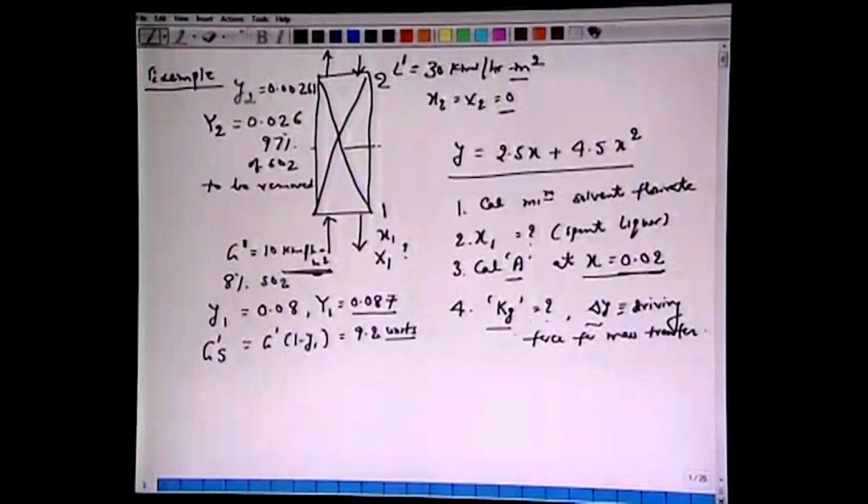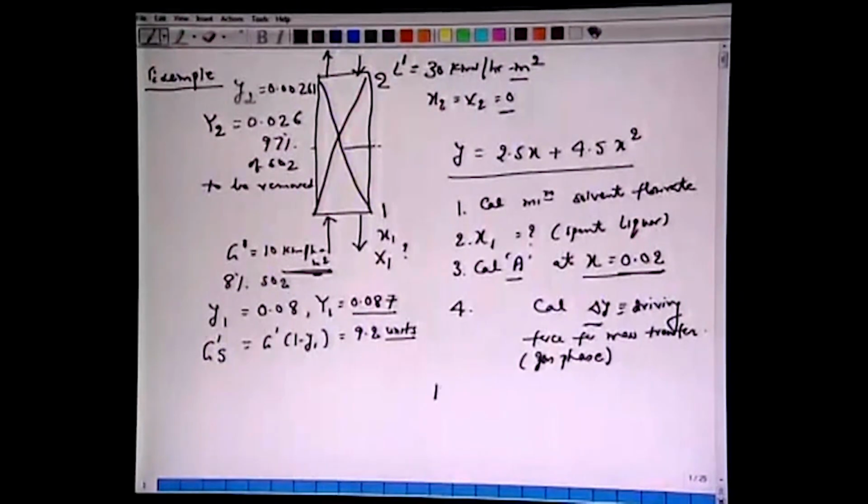Okay, let's do one thing. Let's redefine this problem here. Let's just calculate the driving force for mass transfer based on the gas phase.